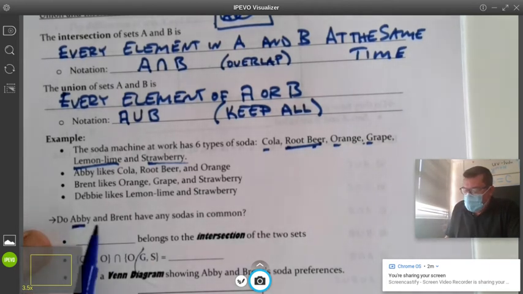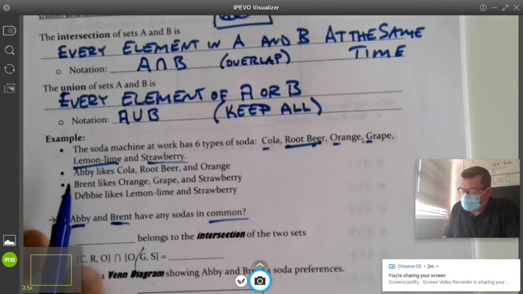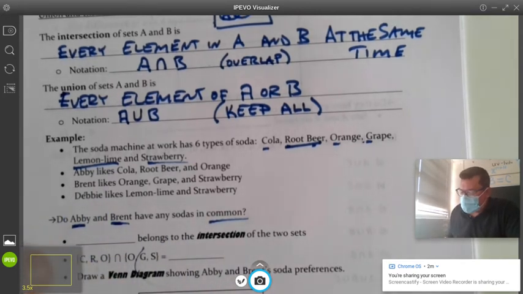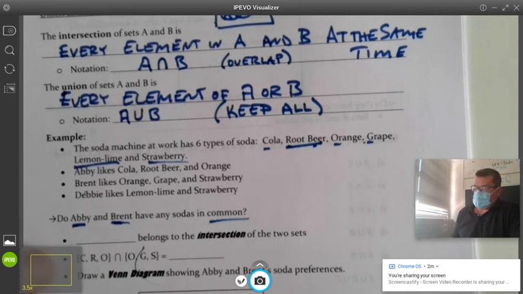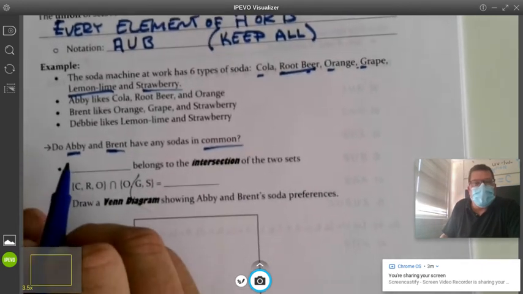Do Abby and Brent have any sodas in common? Look at the Abby line, look at the Brent line. Do they share any common sodas? They do, right? And what soda do they both like?